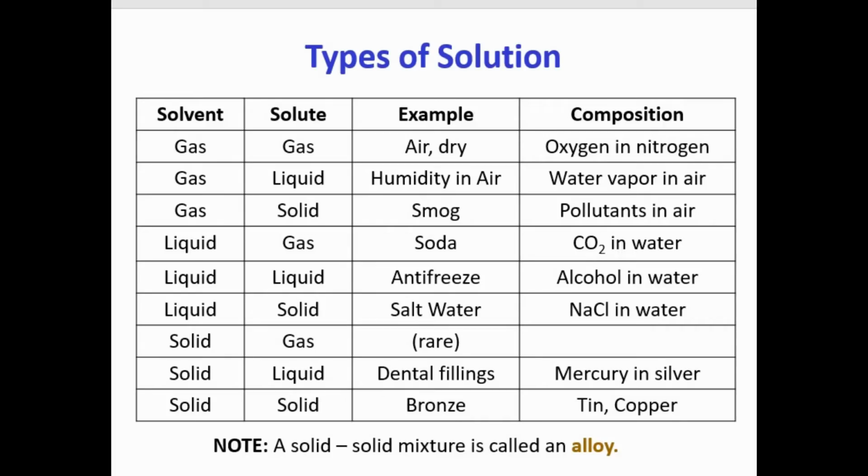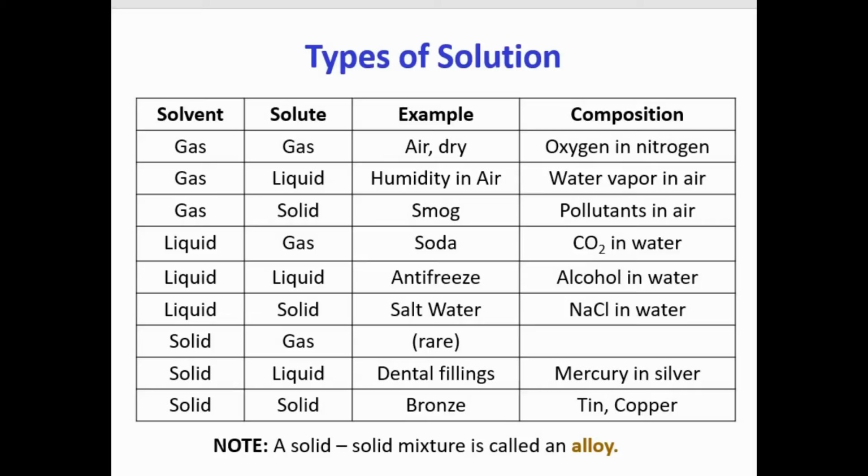We usually think of a solution as a liquid. Well, solutions can be liquids, but they can also be gases. They can also be solids. If we have a gas in a gas, both the solvent and the solute are gas, we can still have a mixture. An example would be the air that we breathe, oxygen in nitrogen.